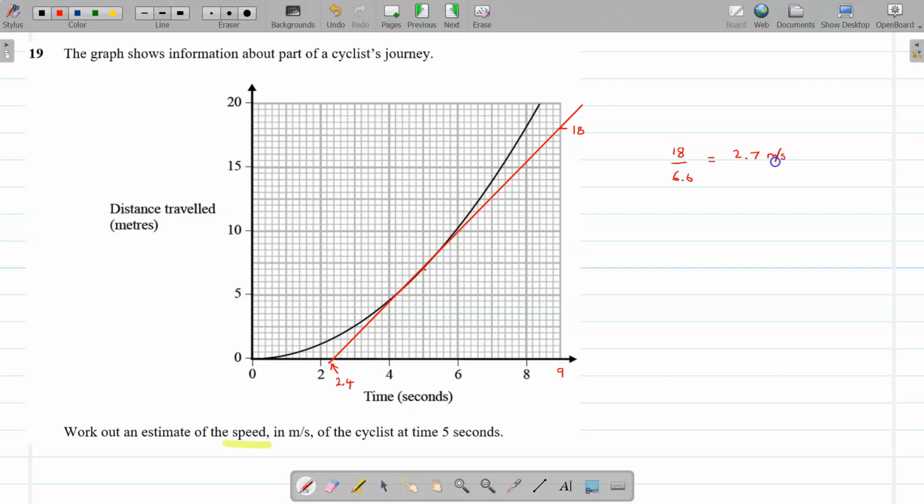Okay, that's the speed which is represented by the gradient at that time. Okay, and all I need to do is just say 1 dp or 2 SF, 2 significant figures. It wouldn't be normal to try and be any more accurate than that, because there's going to be quite a range of possible answers to this question anyway, depending on people's own graphs. Okay, but that's the method that you need to use to answer that question.